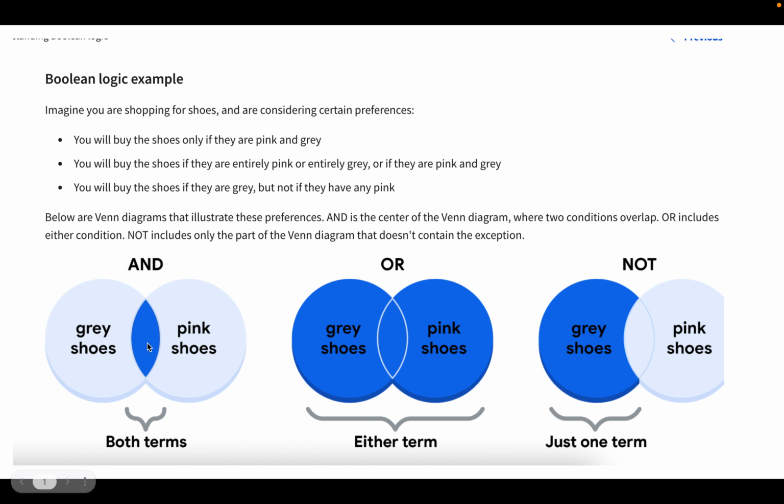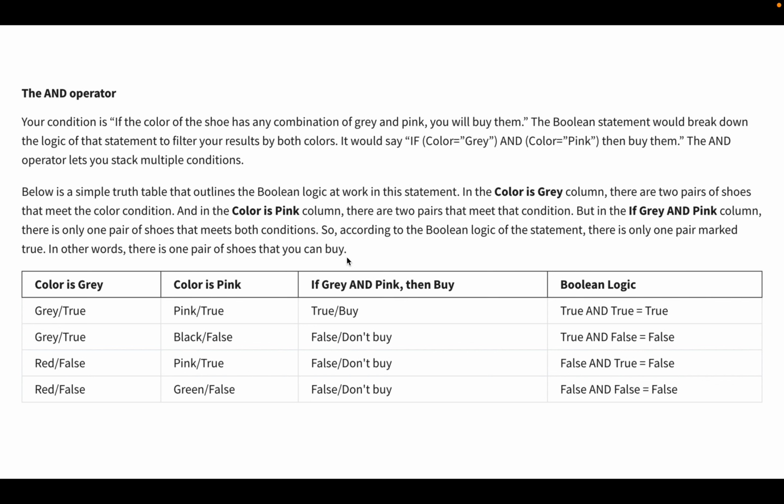It's in the middle part, and it has attributes from both sides. Or means the left part, right part, and the middle part. It means all. And not means either left part or right part. Anyway, just one term.